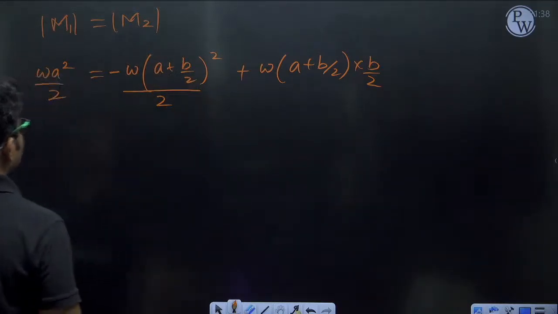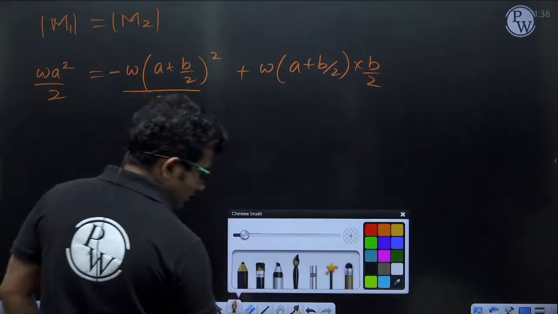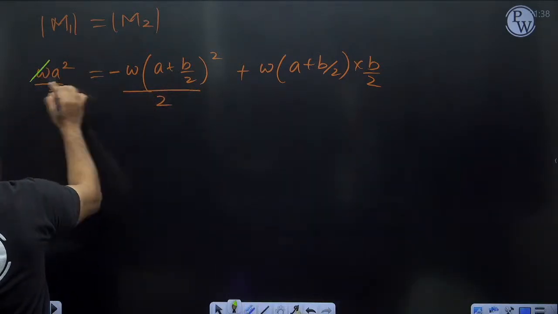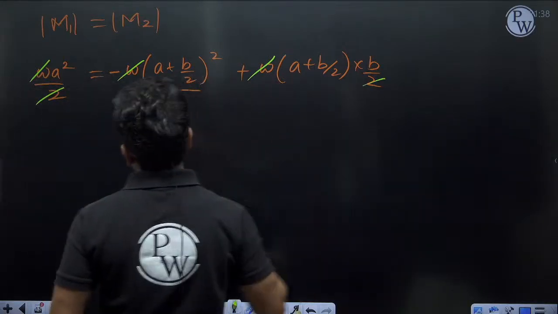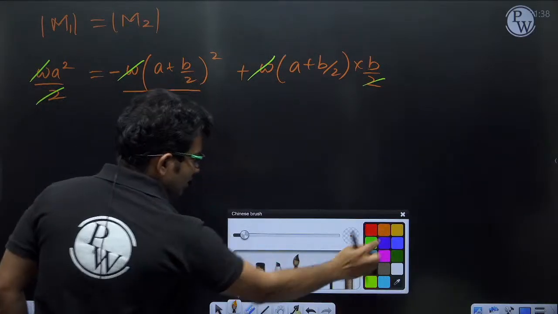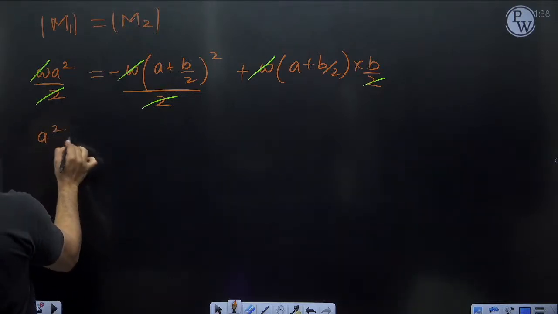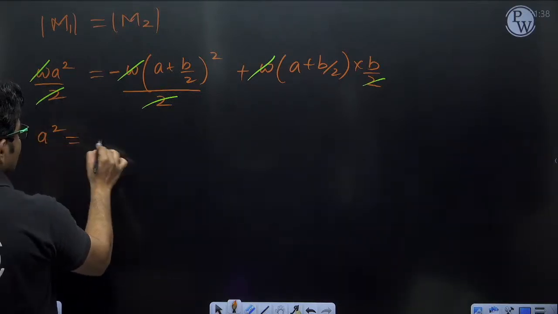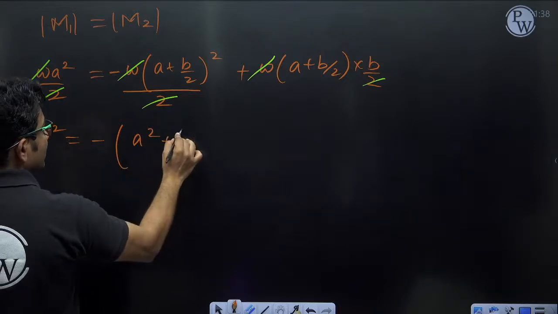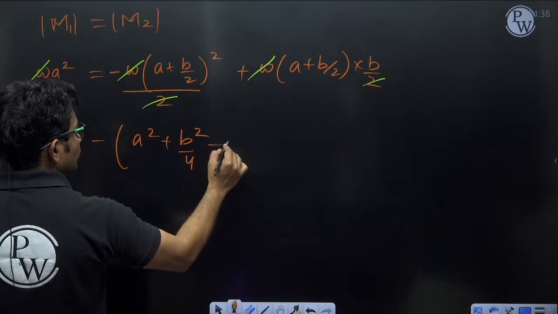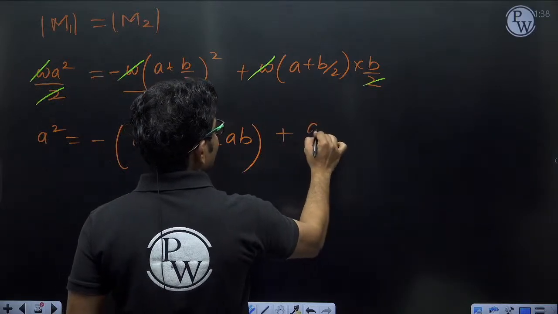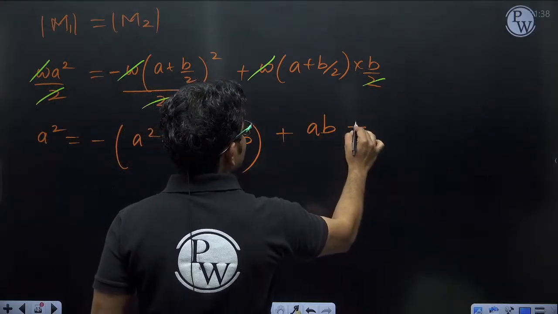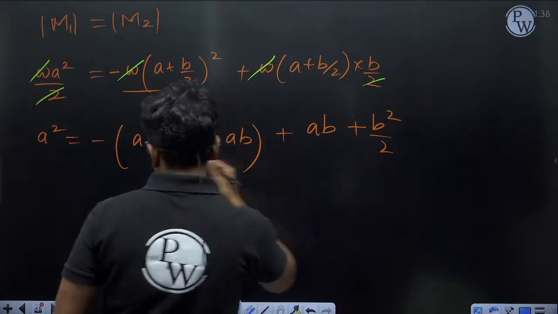Now this w will get cancelled, and this 2 will get cancelled. This a² will be equal to minus of (a² plus b²/4 plus ab), and this will be ab plus b²/2.